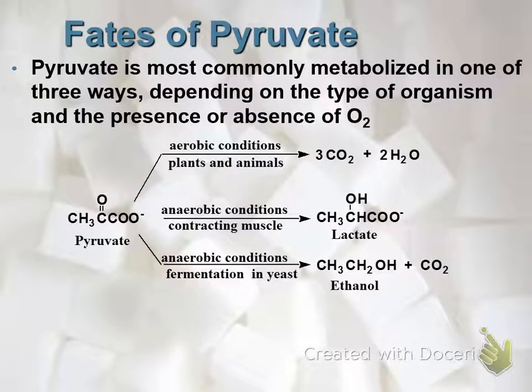So as I mentioned before, pyruvate is then metabolized one of three ways. This is just a non-cartoony way of doing it. Okay, I'm getting a message from the stereo, not now.